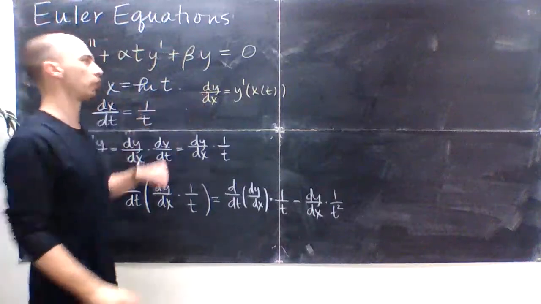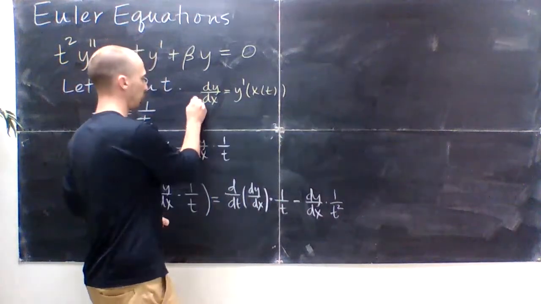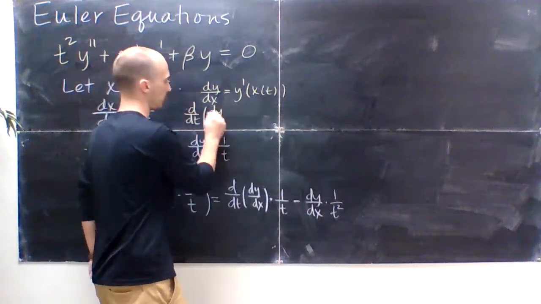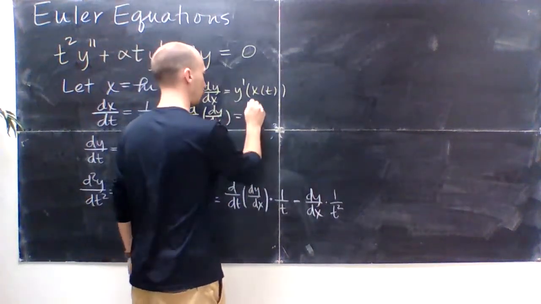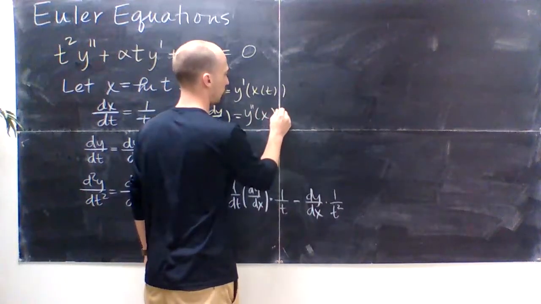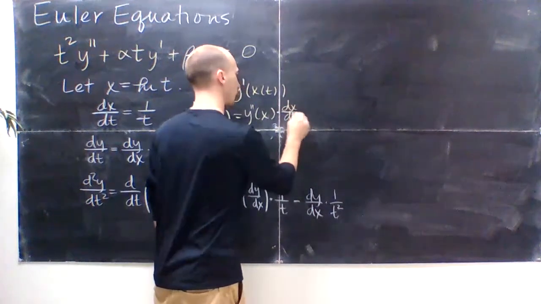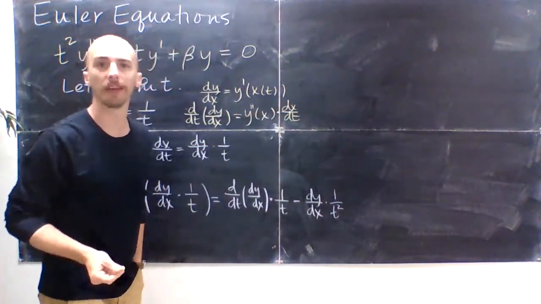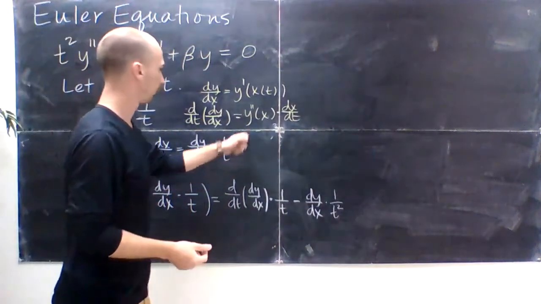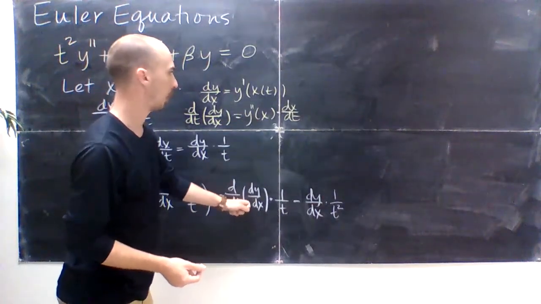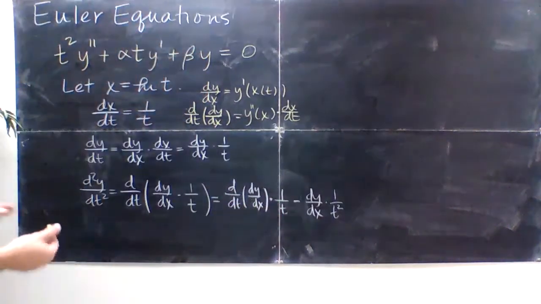So if I'm going to take the derivative of this with respect to t, I'm going to take the derivative of the outside while leaving the inside the same, and then multiply by the derivative of the inside. Well, that's x prime of t, dx dt, whatever you want to call it. And this is the second derivative of y with respect to x both times. So I have the second derivative of y with respect to x both times dx dt, which is 1 over t, times this 1 over t, giving a second power of t in the denominator.